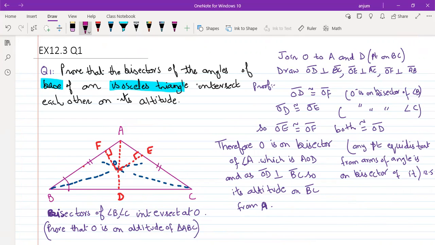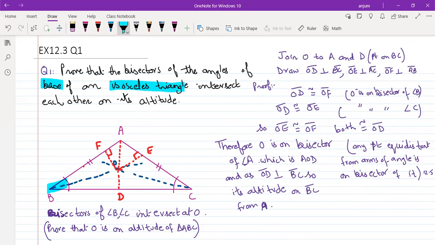We are talking about the bisectors of angle B and angle C. We have to prove that they intersect each other on its altitude. They are intersecting at point O, and we will prove that this point O is on the altitude of this triangle. So first of all, we will draw the bisectors of the angles.